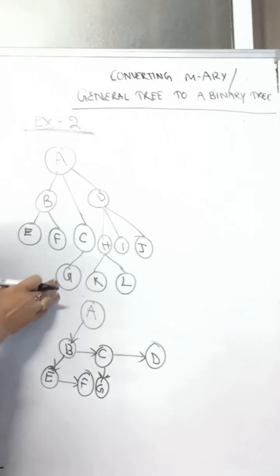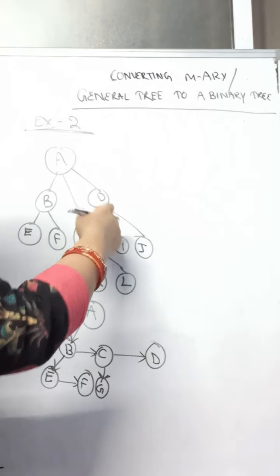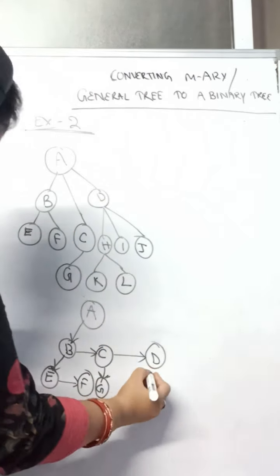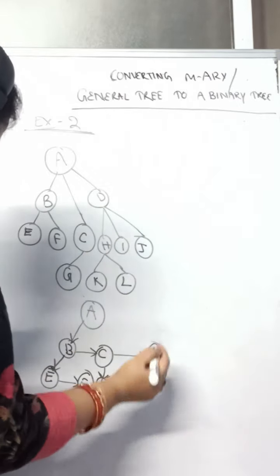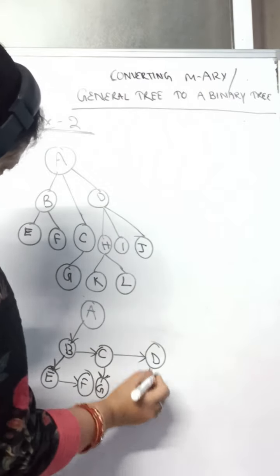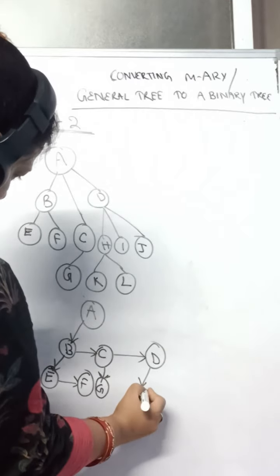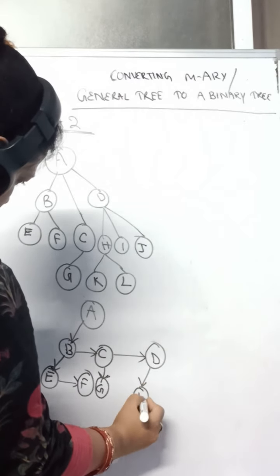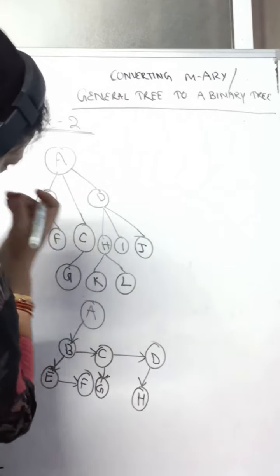Again D's leftmost child is H, so I keep H as the leftmost child of D.